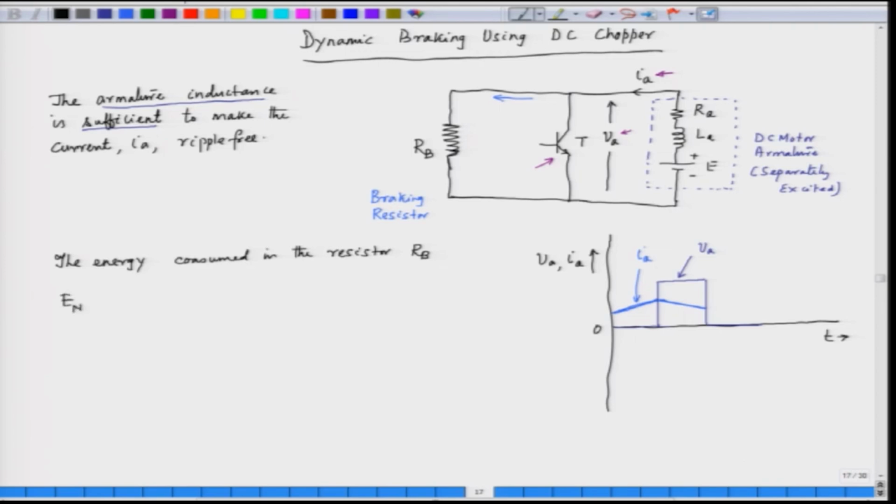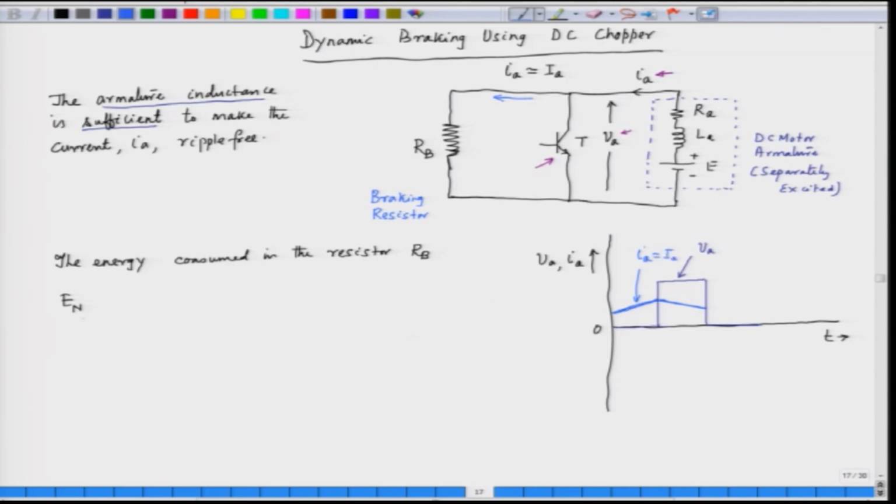So, what is this En? We can assume that this current Ia is almost ripple free. So, we can say that Ia is almost equal to capital Ia, a ripple free current, which is almost a constant current if you ignore the ripple.